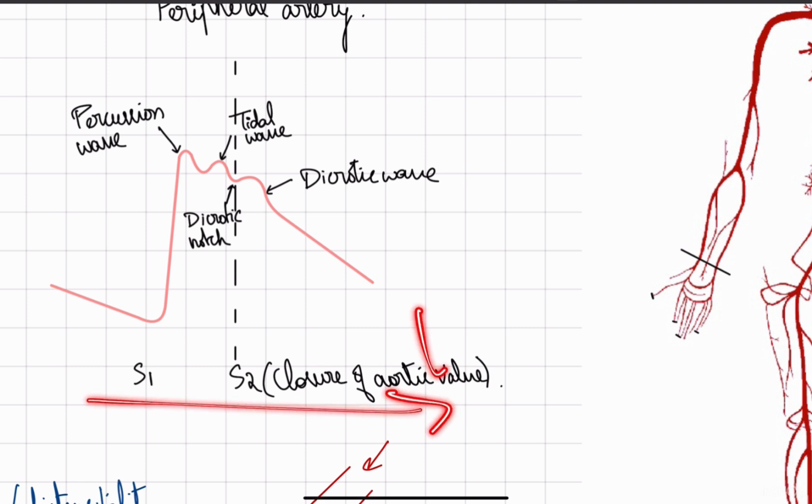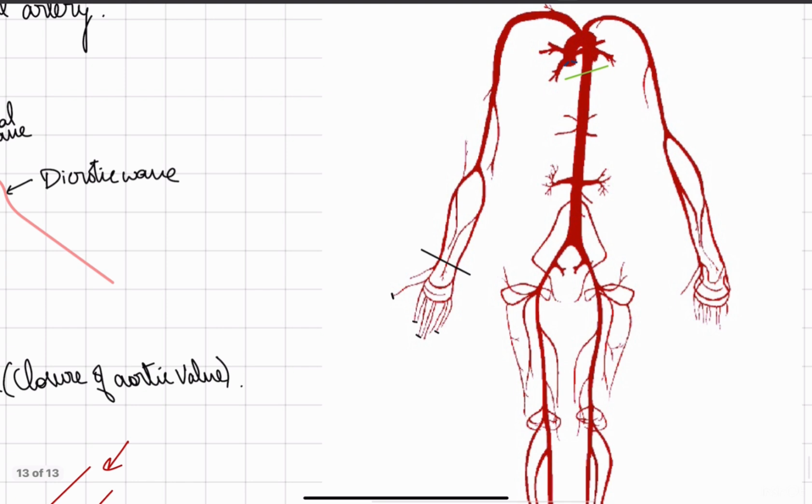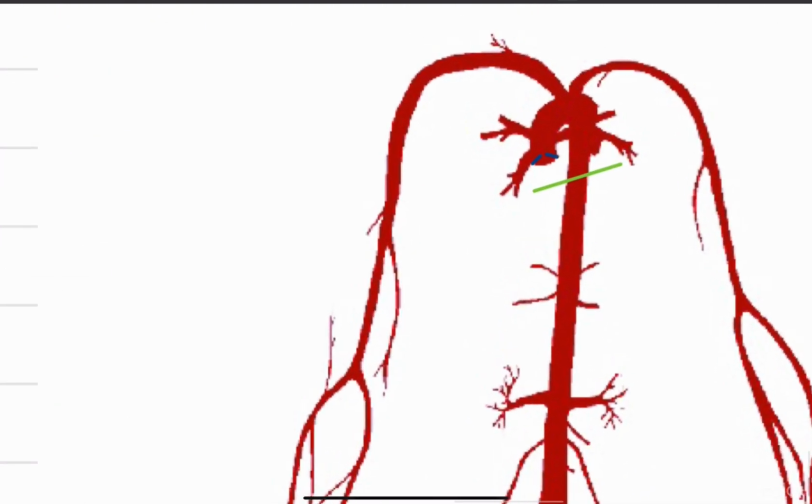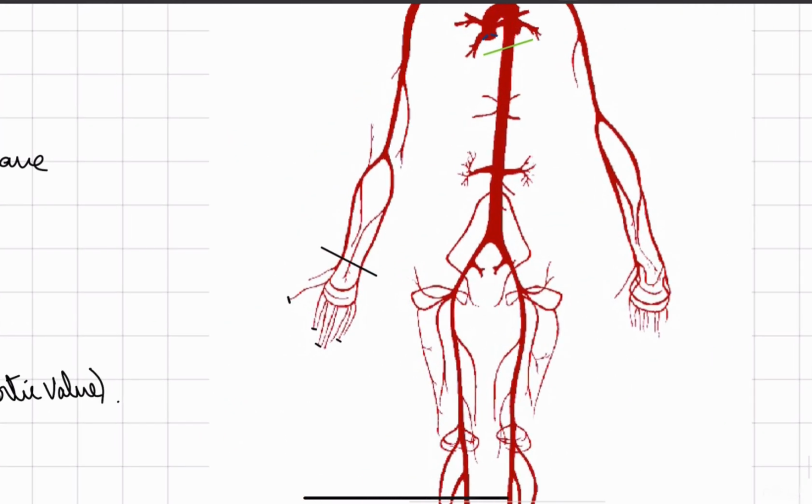You have a reflected wave already, so you don't have an anacrotic notch, and you experience a tidal wave immediately in a peripheral artery, followed by aortic closure, where there is a column of blood. And one more thing: here the effect of the valve closure and the blood column going up is more dramatic or more prominent compared to here.